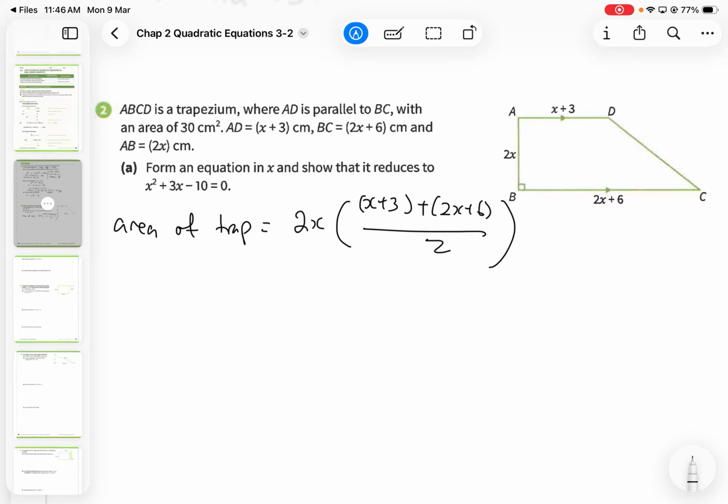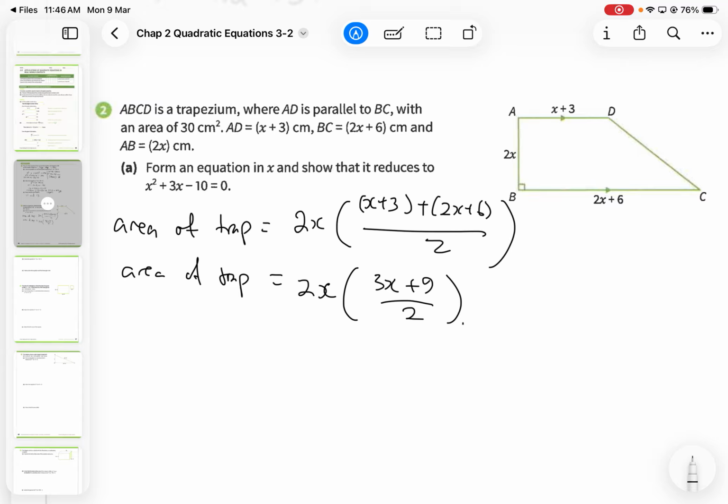Okay? Then area of trapezium, simplify, 2x multiply. Okay?